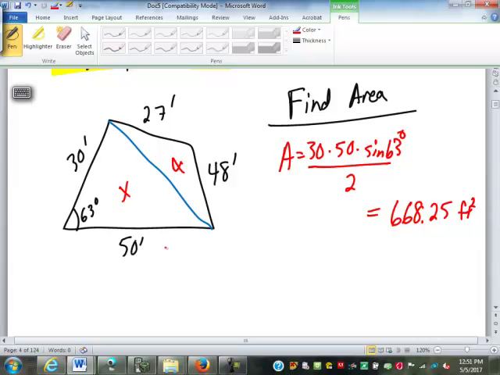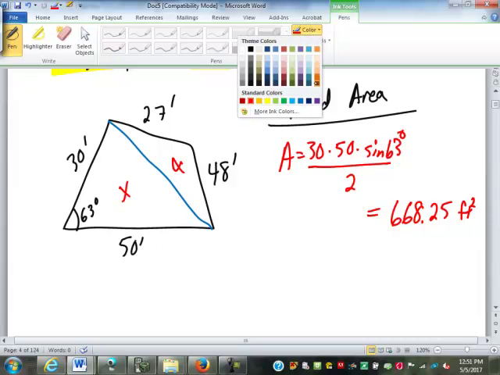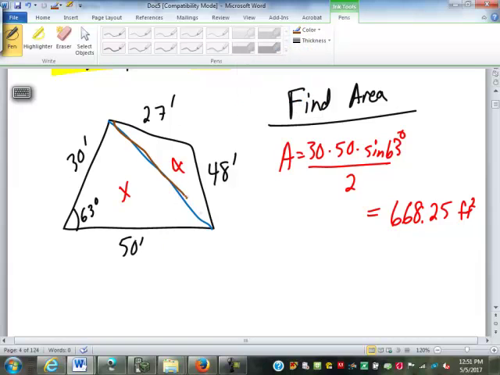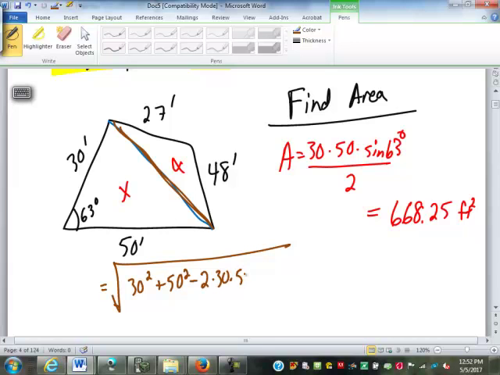But this piece over here, we've got another issue. Well, I can find that side, can I? How do I find that side? Yep, it is 30 squared plus 50 squared minus 2 times 30 times 50 times the cosine of 63 degrees, and then I've got to square root it.